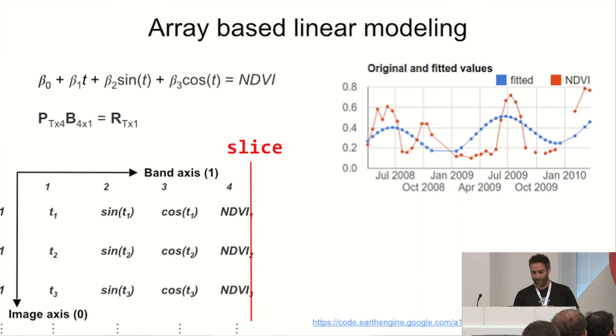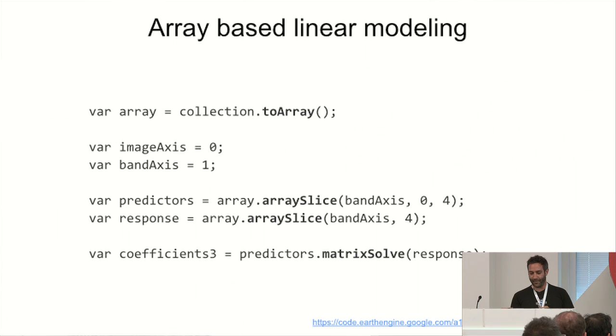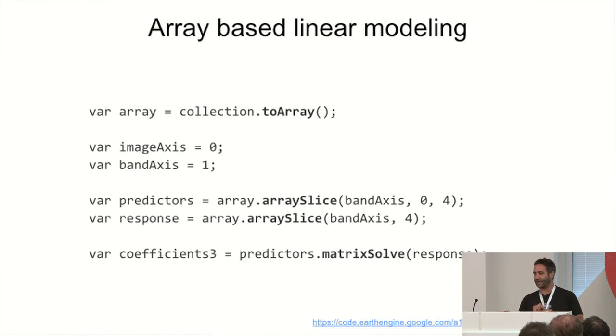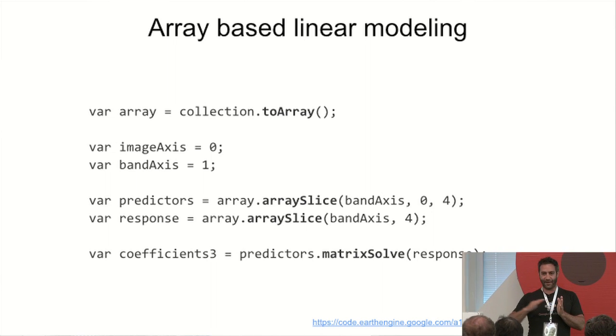So here's the code. We're slicing along the band axis from 0 to 4 exclusive. Inclusive, exclusive: the 0 is inclusive, the 4 is exclusive. This will give us bands indexed 0 to 3 and not 4.